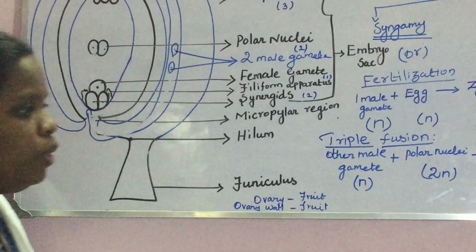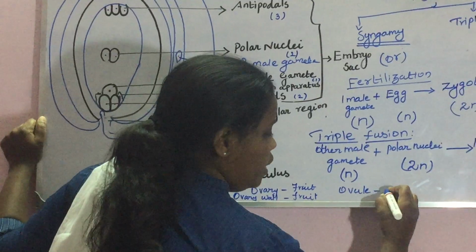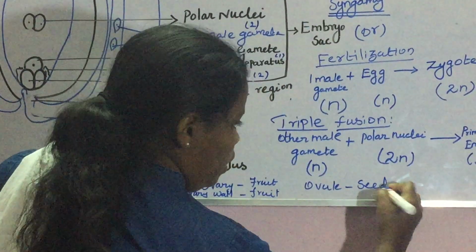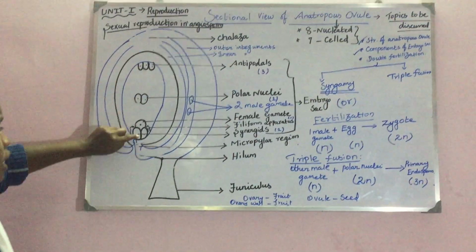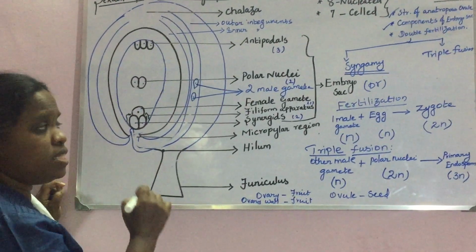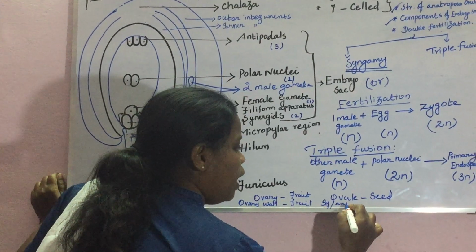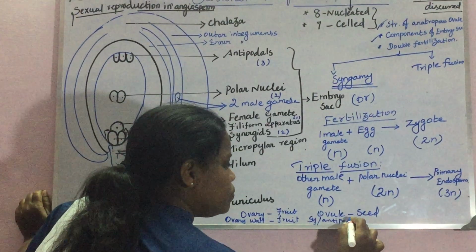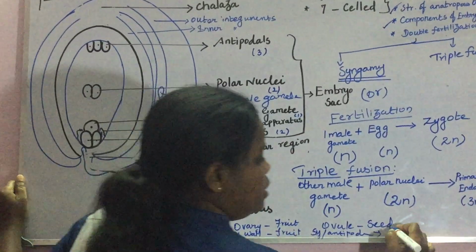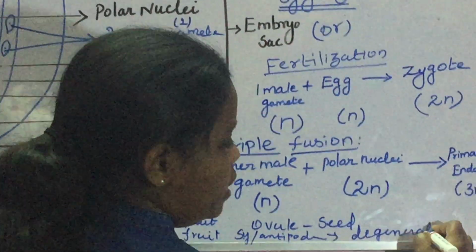The ovule is converted into seed. What about the synergids and antipodals? Synergids and antipodals are disintegrated or degenerated.